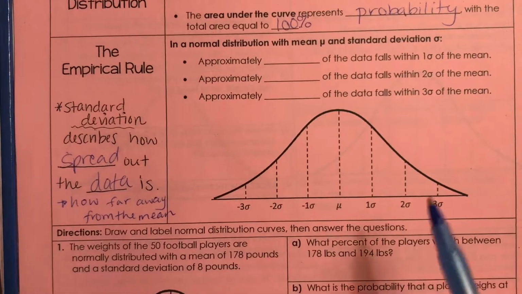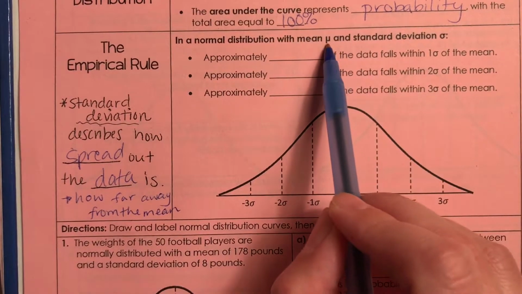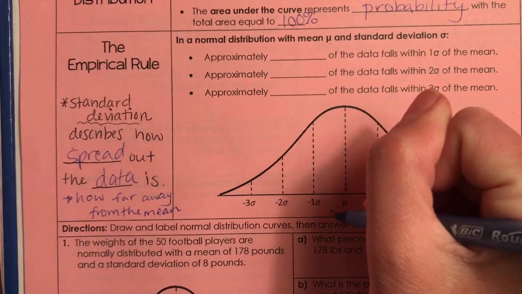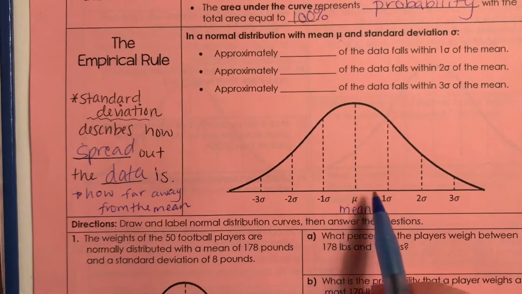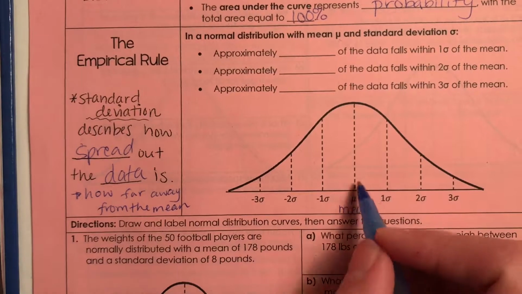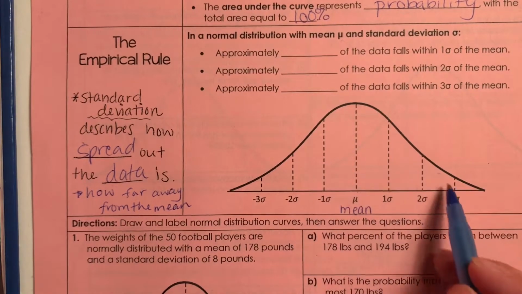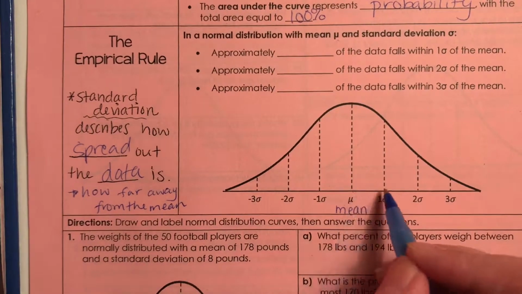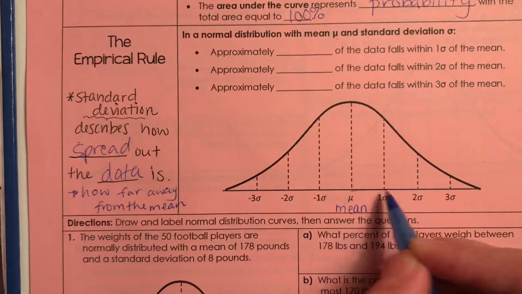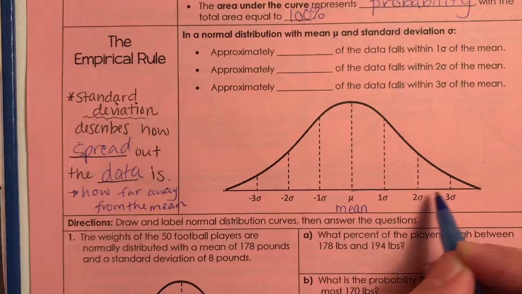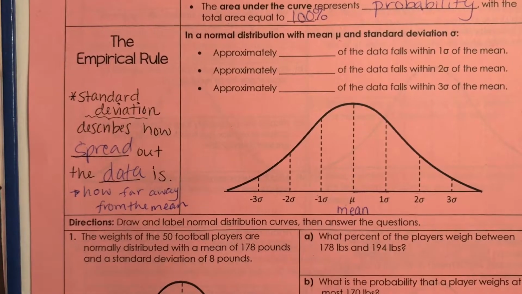On our diagram, this is the symbol for mean, which is here. The mean goes in the middle, and as we get farther from the middle, it goes down to show that there are fewer people in that area. So 1 standard deviation, 2 standard deviations, 3, and it also goes the other way.